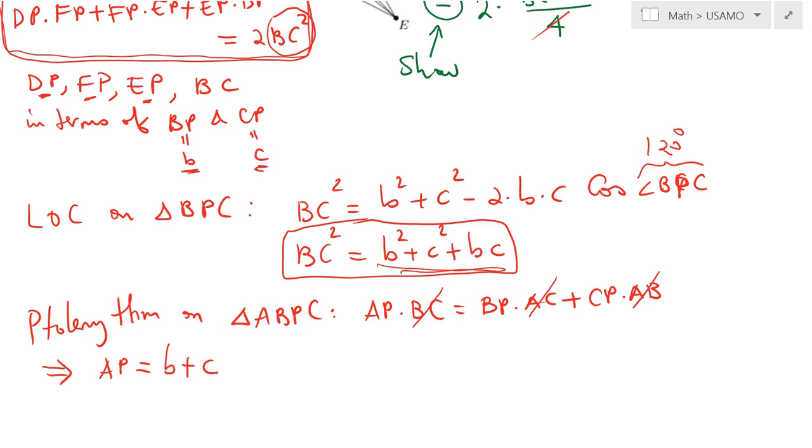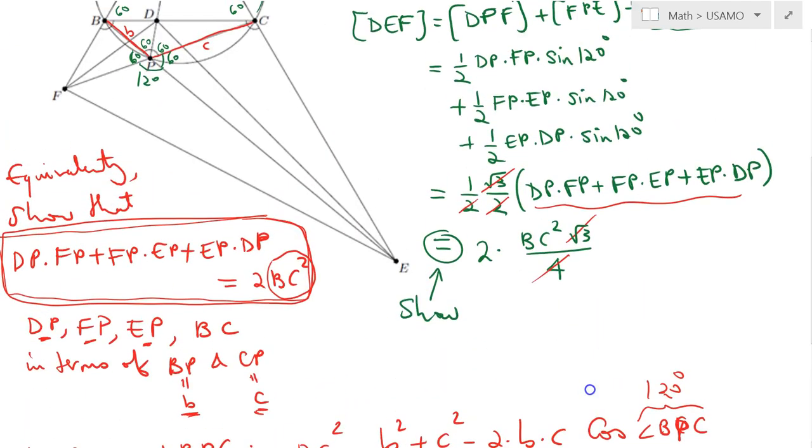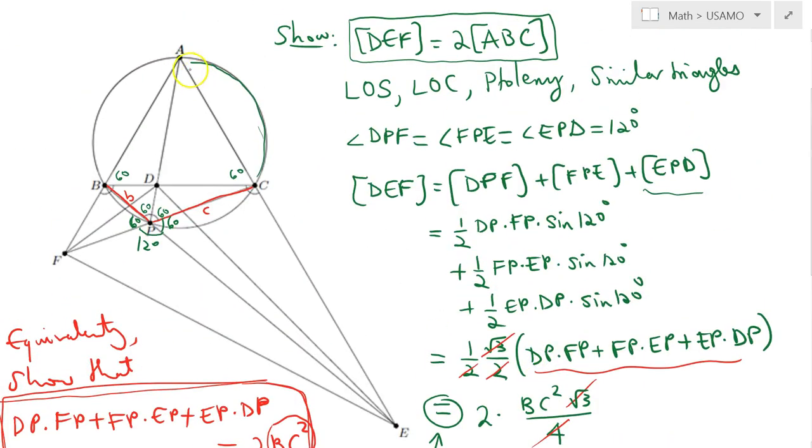And next I will be doing some more angle chasing to establish a claim, let me write that down. I claim that triangle ACD, that's this triangle, is similar to triangle APC. That's the first claim. I will make another claim next where I show two more similar triangles. So ACD, you can clearly see it here, this triangle is, I claim, similar to APC.